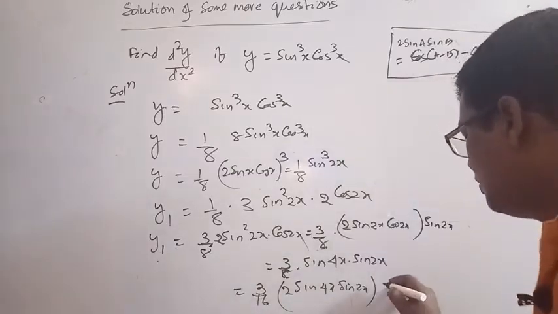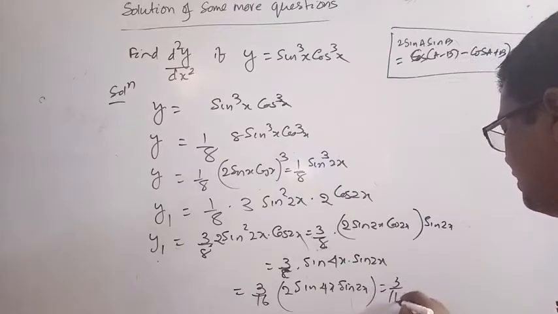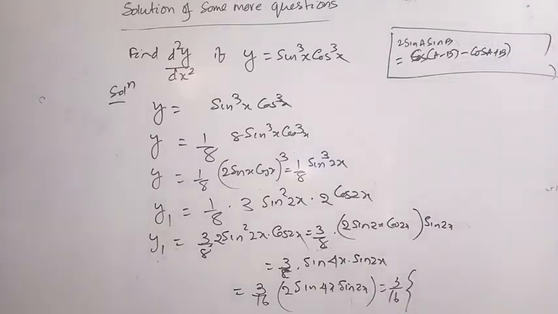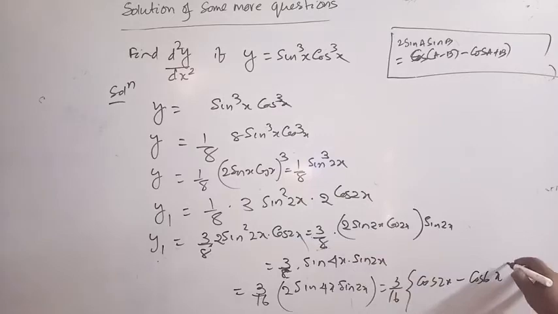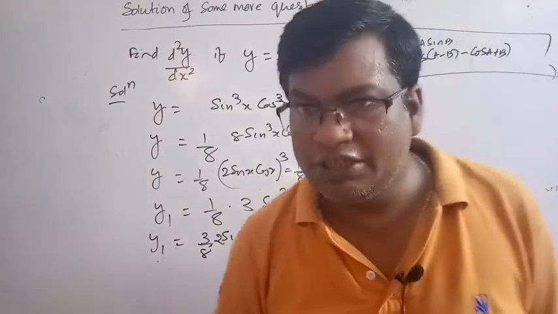Okay, so 3 by 16 into cos A minus B means cos 2x, minus cos A plus B means cos what? 6x. So this is y1.